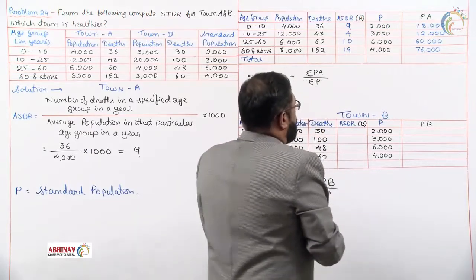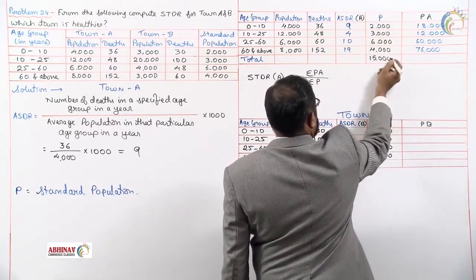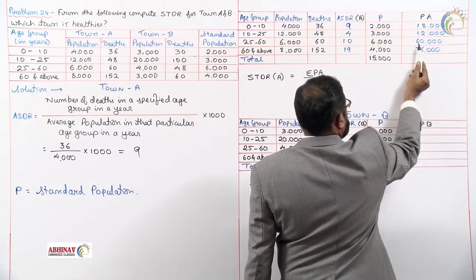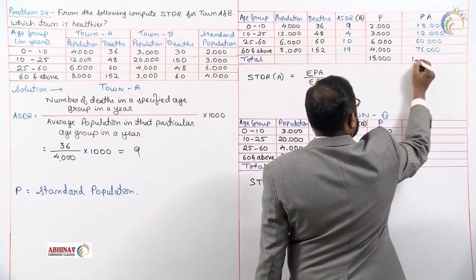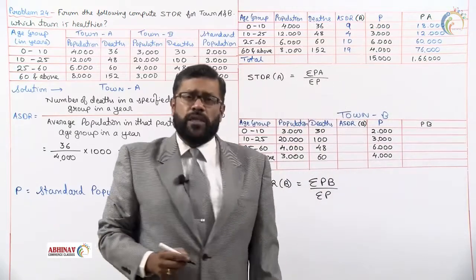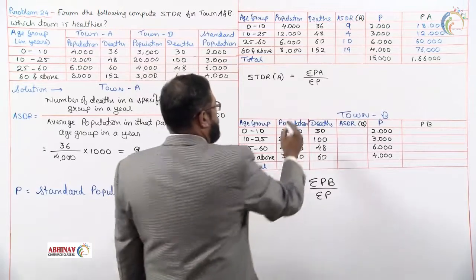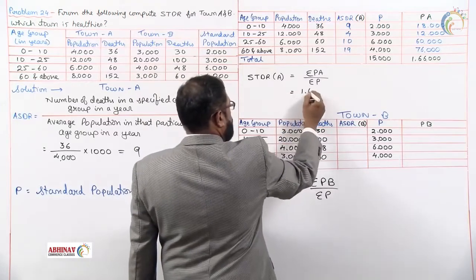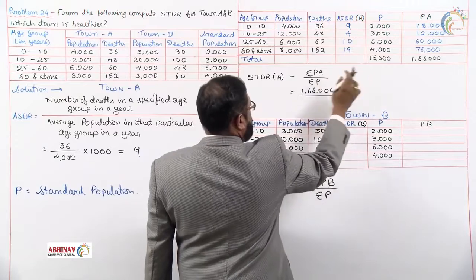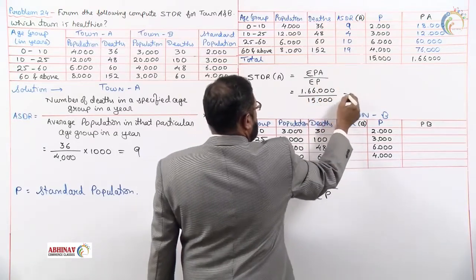Now let us total it. Total of standard population comes to 15,000. And this total, 18 plus 12 is 30, 60, 90, comes to 1,66,000. Once you get these totals, find the STDR of town A. 1,66,000 is the summation PA divided by 15,000.